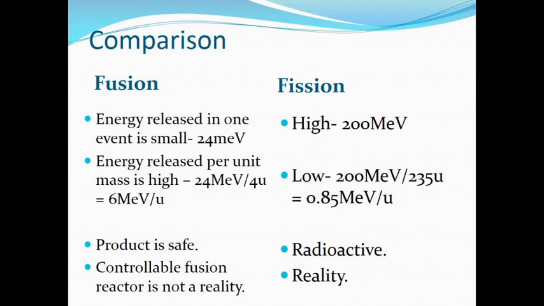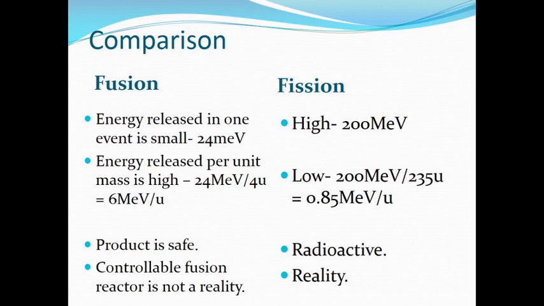But in the case of a fusion reaction, the energy released is 24 MeV. Per unit mass means it is divided by 4 U. So 24 MeV divided by 4 U. We know that 4 U is He-4, isn't it? So dividing by 4 U gives you 6 MeV per U. So on comparing with the fission reaction, we can see that the energy released per unit mass is high in the case of a fusion reaction.